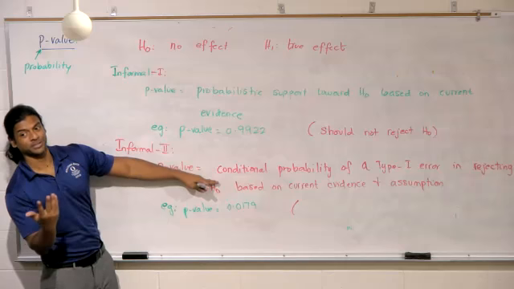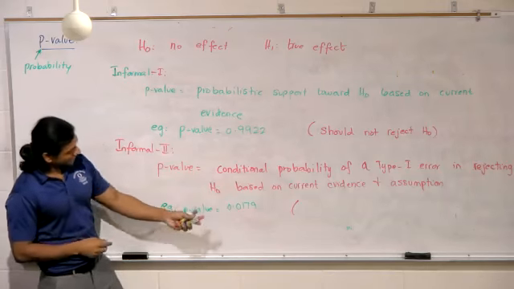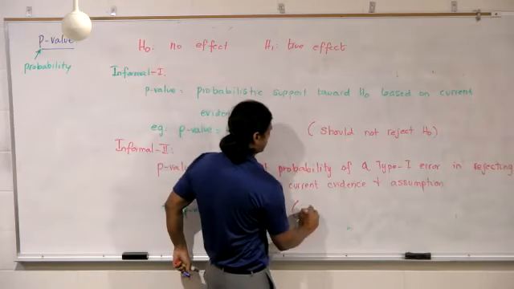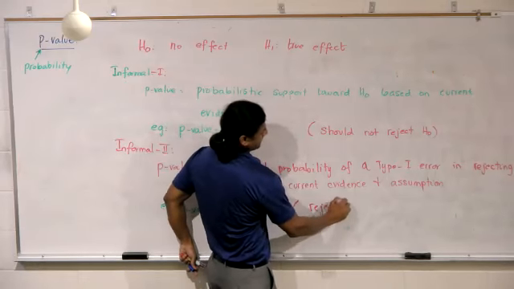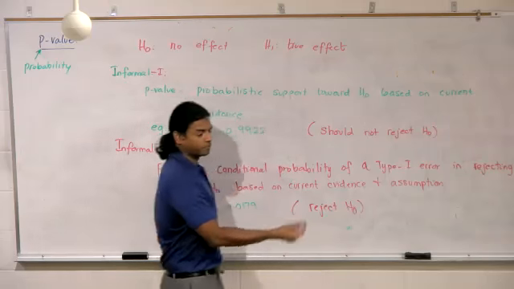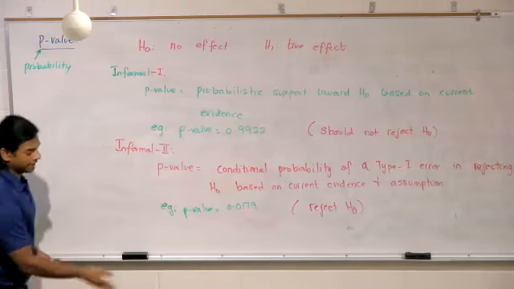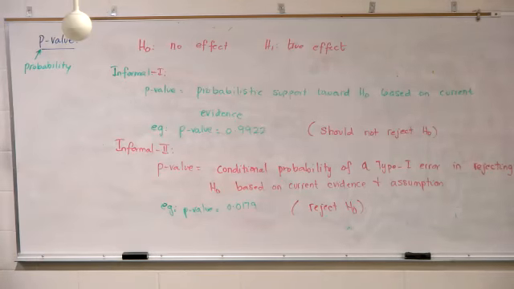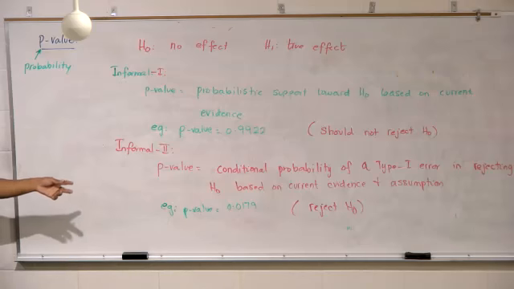Should you? You should not. So in this case, I can reject the null because the probability that I would be wrong is only about 1.79%.